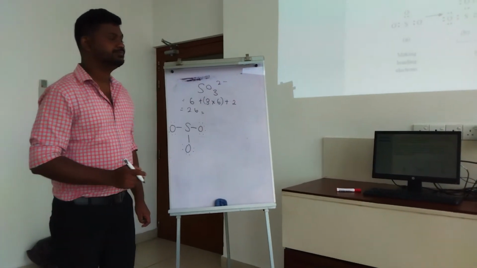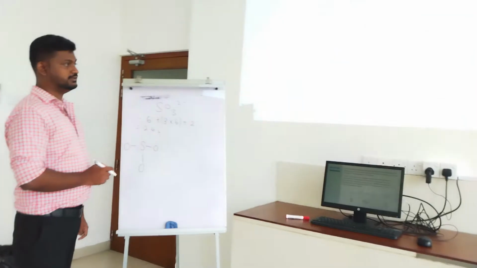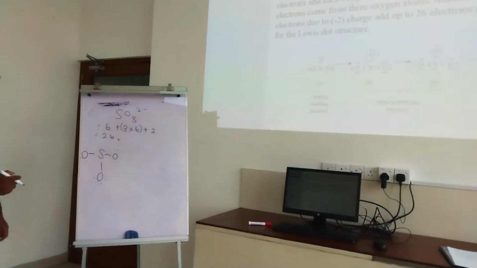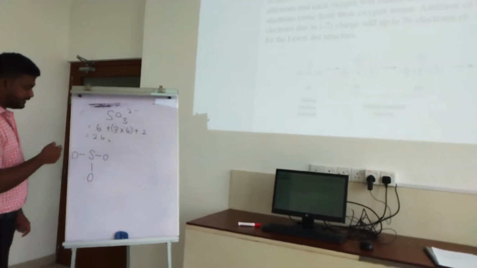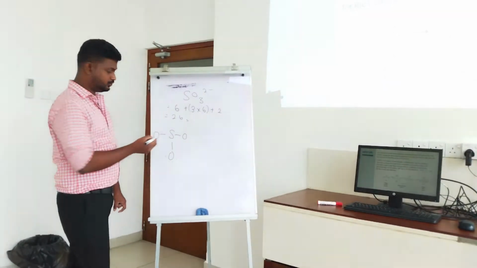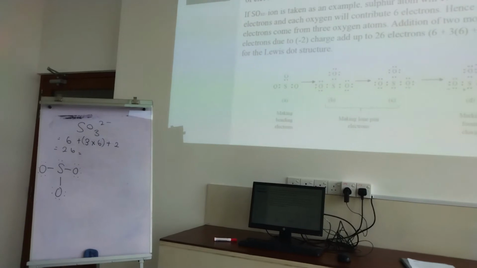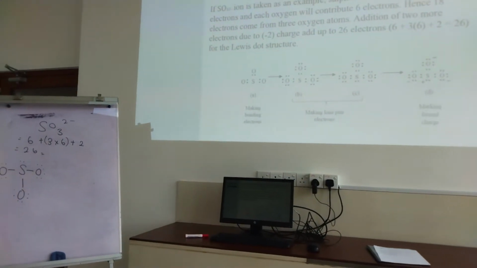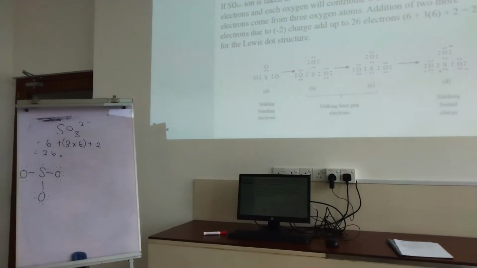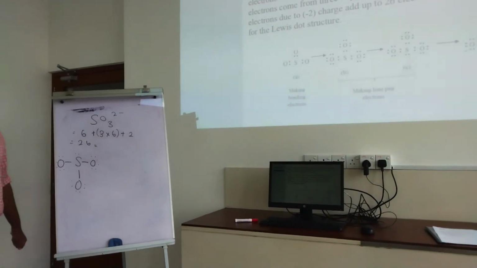Now the remaining number is 2, and that will be placed here. If you put that, how many electrons are there in sulfur? Originally 6, now 5: 1, 2, 3, 4, 5.